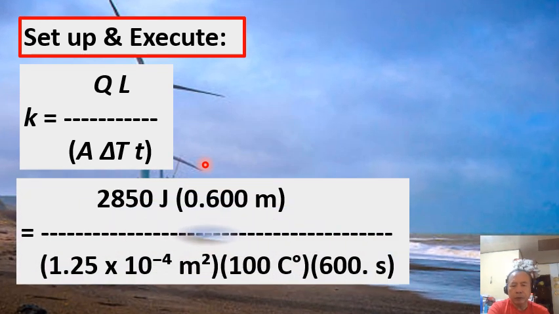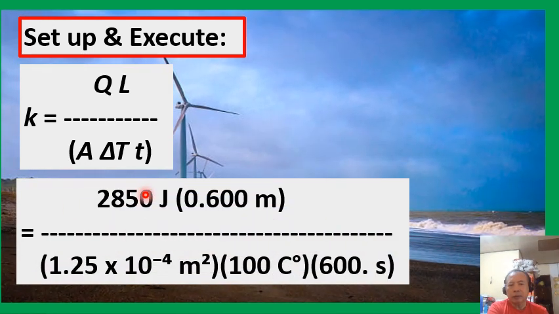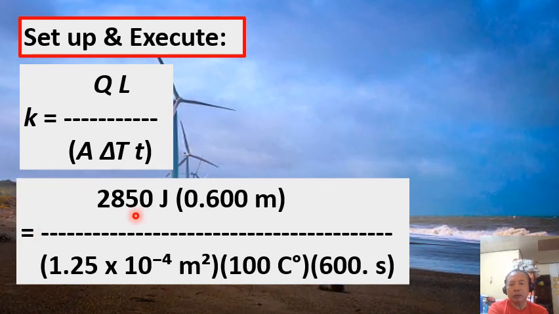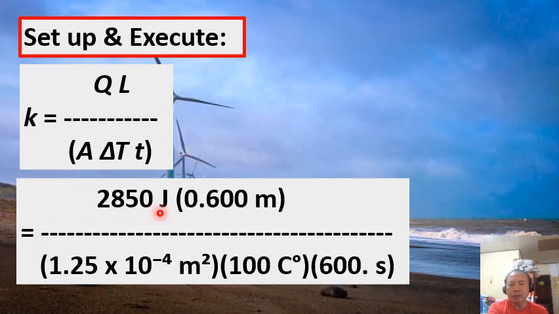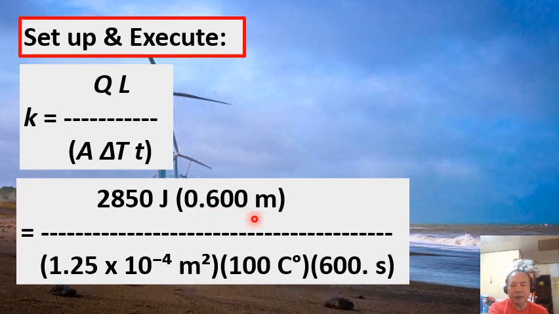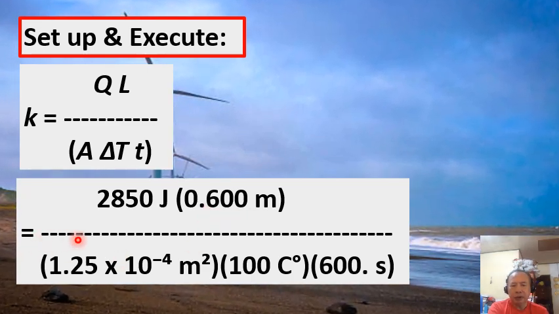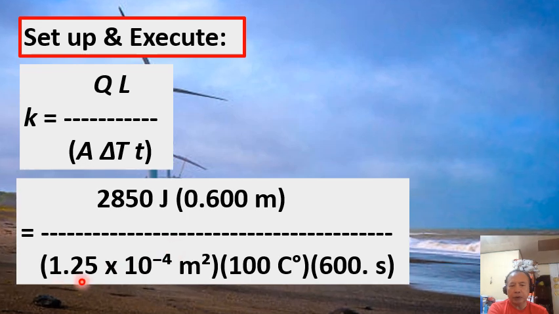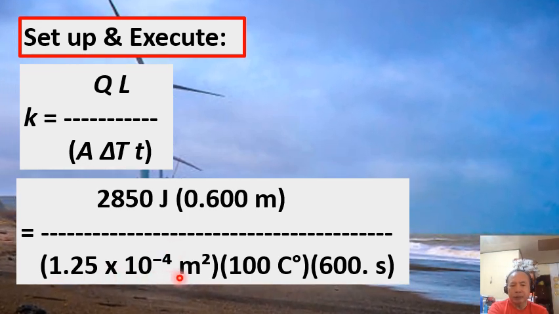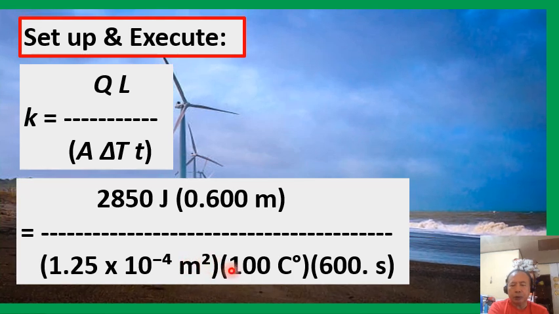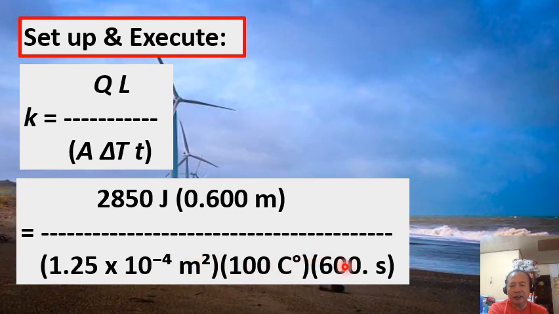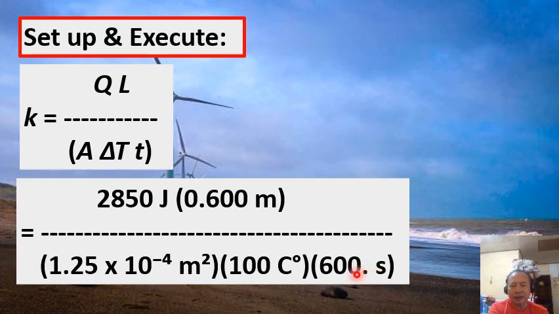So when we substitute, k is equal to 2,850 joules multiplied by 0.600 meters, all over 1.25 times 10 to the negative 4 meter squared, multiplied by 100 Celsius degrees and 600 seconds.